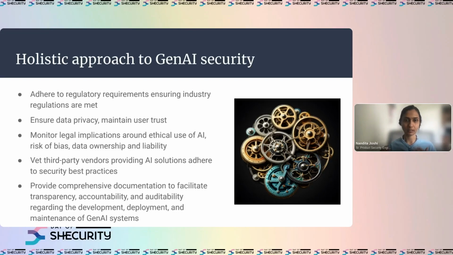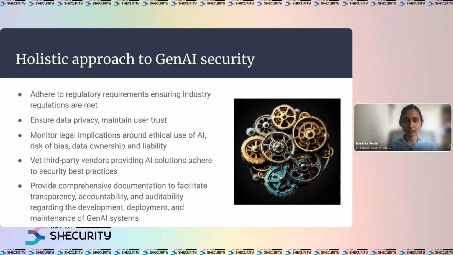Some of the teams I've mentioned up here are compliance, who help you adhere to regulatory requirements, ensuring that you're meeting all your industry regulations; and privacy and legal, who ensure that your data is secure, you're maintaining user trust, and you're monitoring the ethical use of AI, looking for risk of bias and staying cognizant of data ownership and liability.